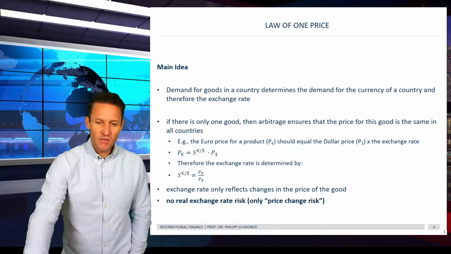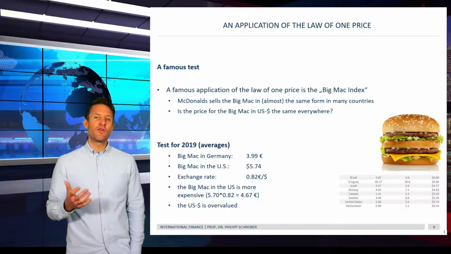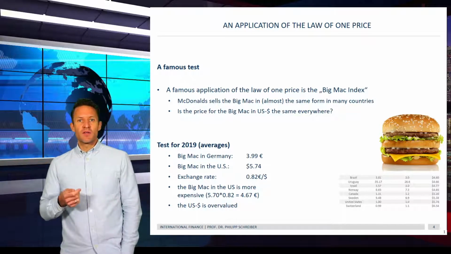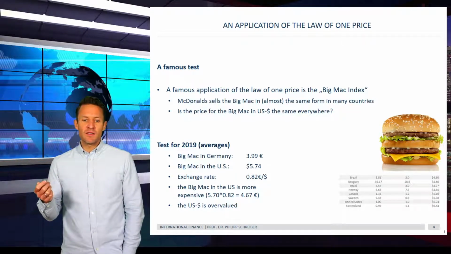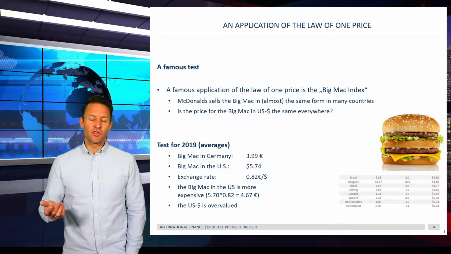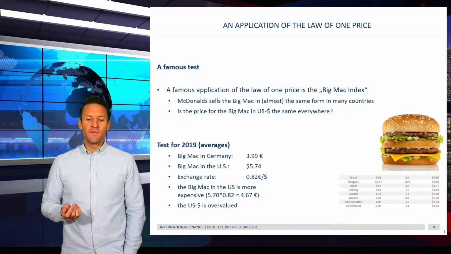Now let's check out if the law of one price holds. There is a famous application of the law of one price, the so-called Big Mac Index. The Big Mac Index is conducted by The Economist, a financial newspaper or magazine.